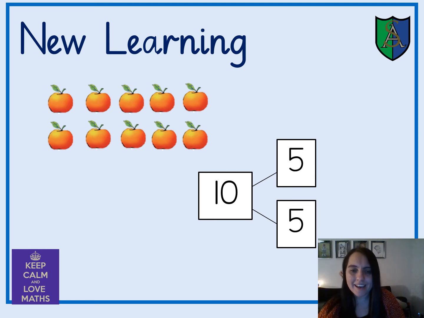We can see that there were 10 apples altogether. That was our whole, which we began with. And then it is split into 2 parts because we have 2 rows containing those 5 apples on each. So that's why we have our 2 parts with 5 in each.